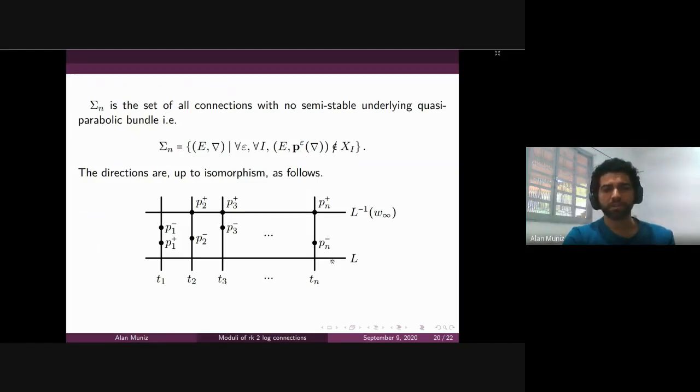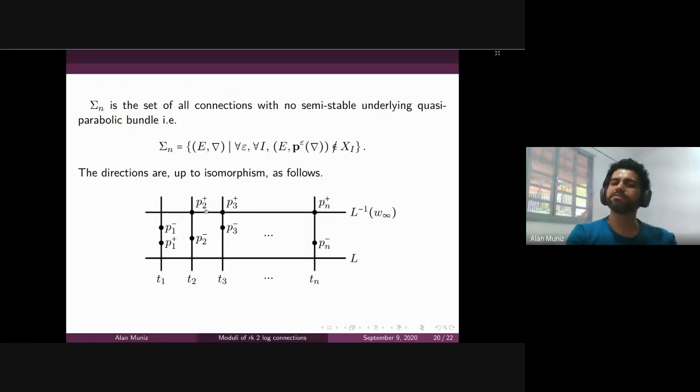So we have a bunch of connections, where all the directions and the eigenvalues are given. So we can take the difference between two connections here. The difference will give you a Higgs field, but not any Higgs field.